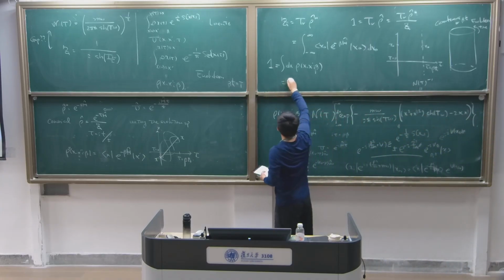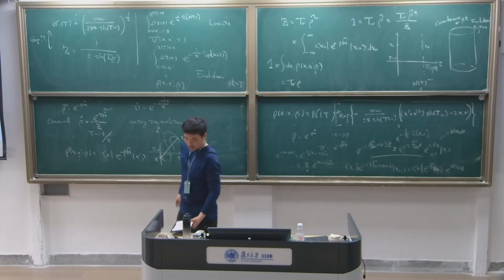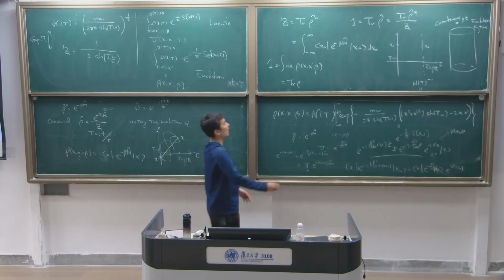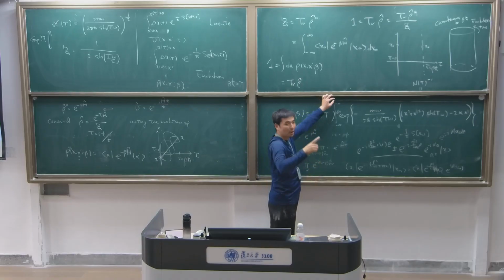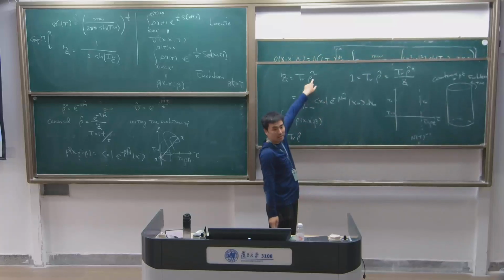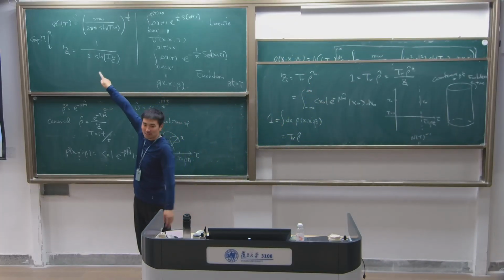So that is the expression of rho. This is normalized. But the partition function I computed before the break is in fact unnormalized. That's the difference between these two.